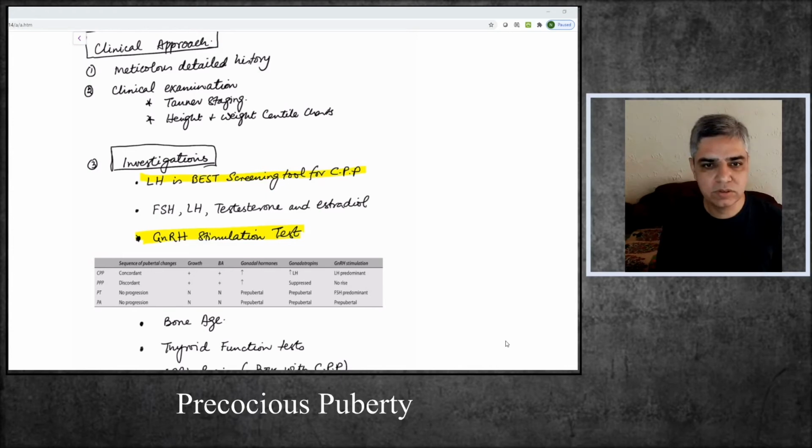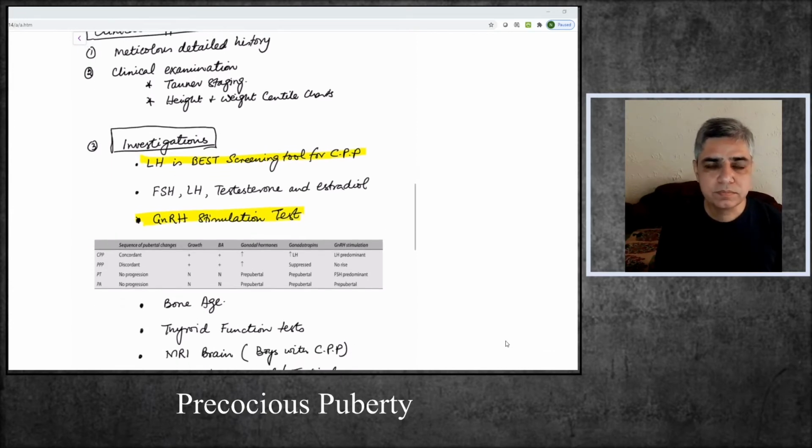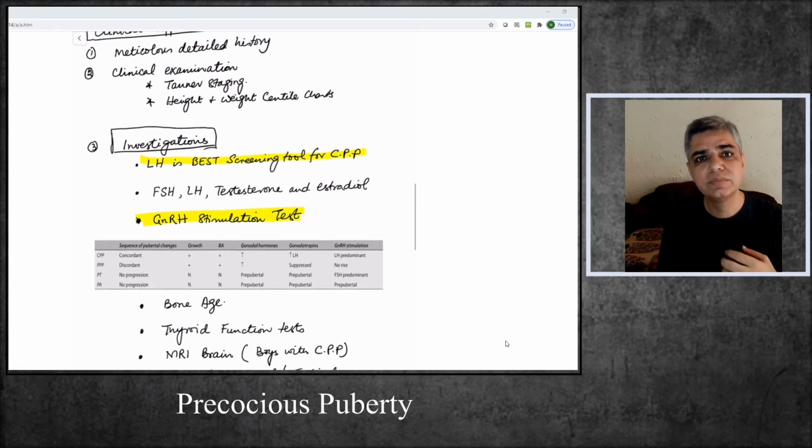So that is given to the child, and you then look at the response of the gonadal hormones. So normally, if you recall your knowledge of physiology, the hypothalamus secretes gonadotropin releasing hormone, and gonadotropin releasing hormone acts on the pituitary gland, and the pituitary gland in turn secretes FSH and LH.